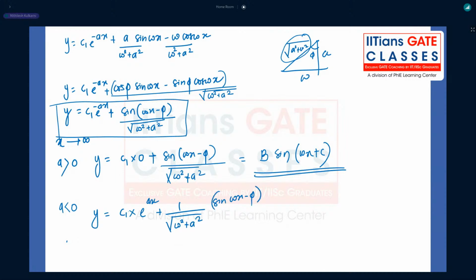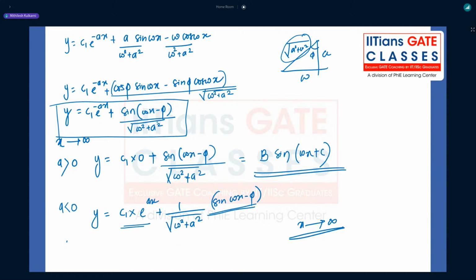So this is how the solution will look. But if you look into this term, as x is tending towards infinity, what will happen? If x goes on increasing, it will become e to the power 2a, e to the power 8a, e to the power 100a, e to the power 1000a, e to the power 10,000a, and so on. So this term will get bigger and bigger. What about this term?